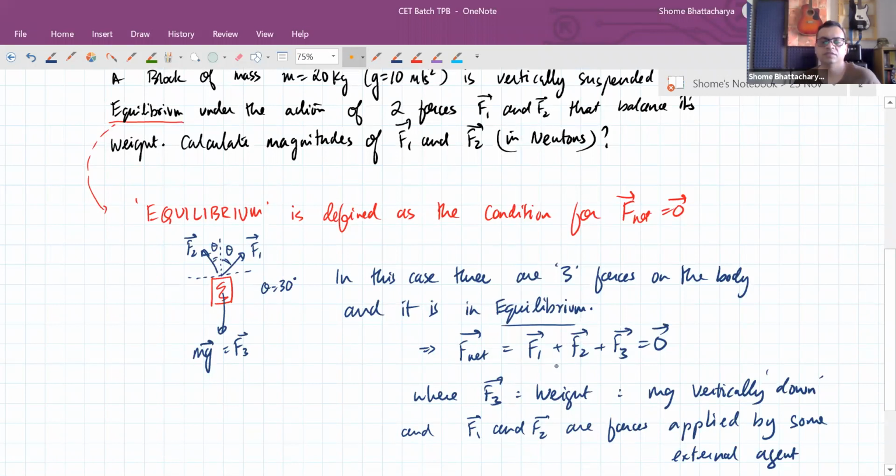Okay. So basically we have to solve for this condition now, that F1 plus F2 plus F3 should be equal to 0. So it becomes a problem of vector algebra. Okay, so just work it out using vectors.